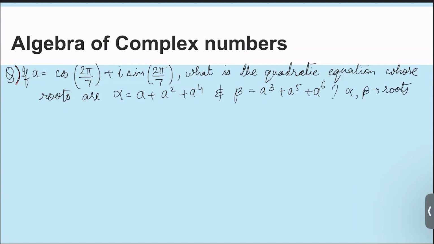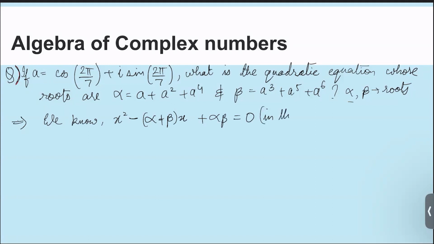And for quadratic equations, as we have seen before, when we write it in terms of such roots, we know that x squared minus the sum of the roots as the coefficient of x plus the product of the roots is equal to 0.